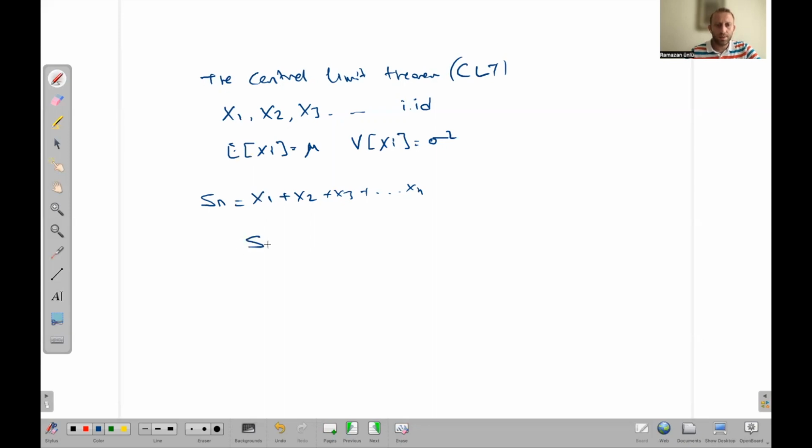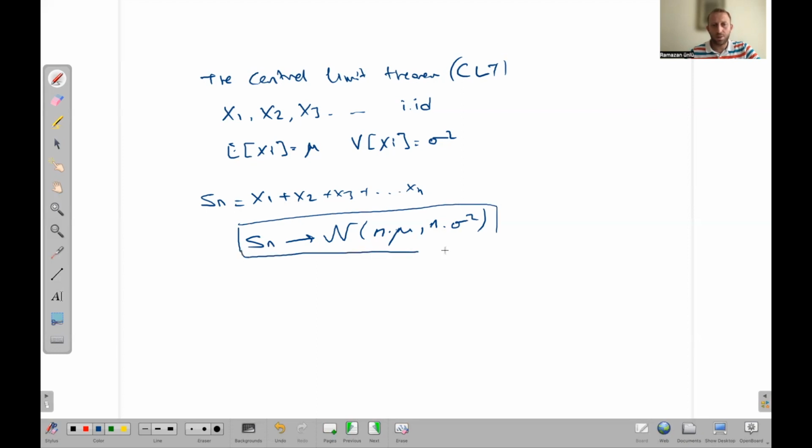Then we can write Sn is normally distributed with the parameters n times mu and n times sigma squared, regardless of the distribution of the individual random variables. Okay, so the first thing we need to keep in mind is this theorem.